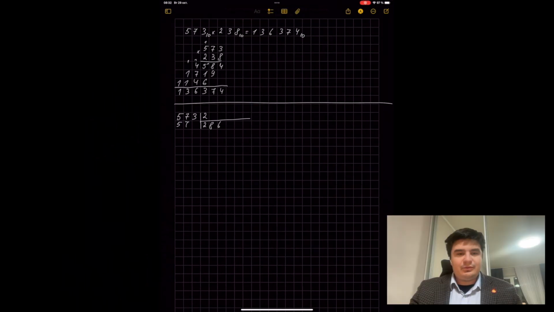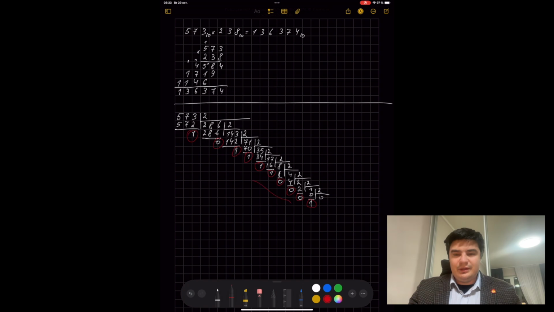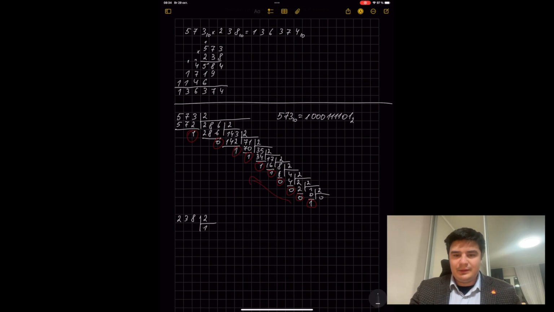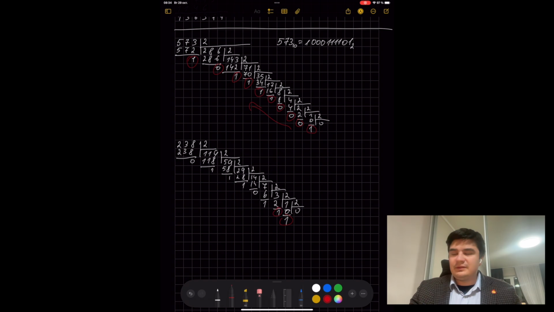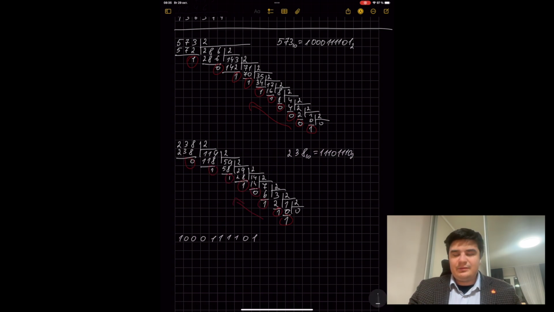Next, we'll convert both factors into binary form and calculate their product. Thus, 573 is converted to 1000111101, and 238 becomes 11101110.